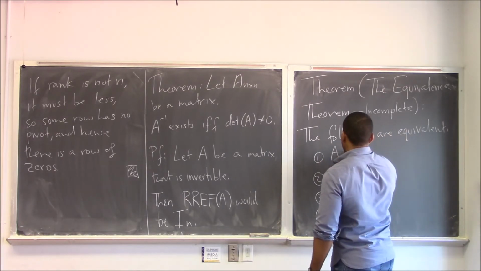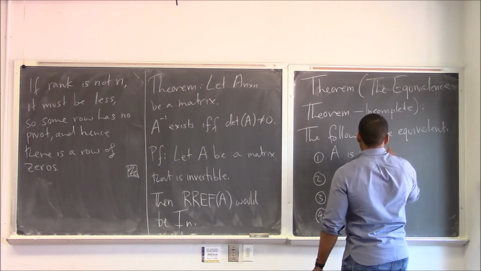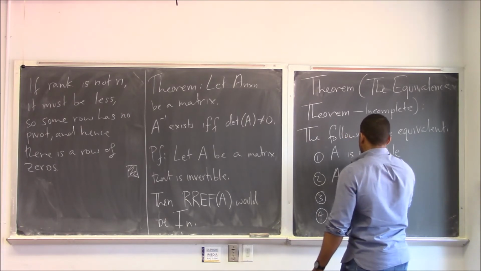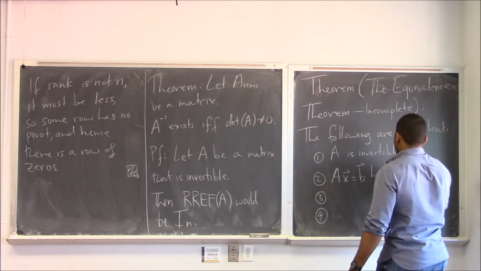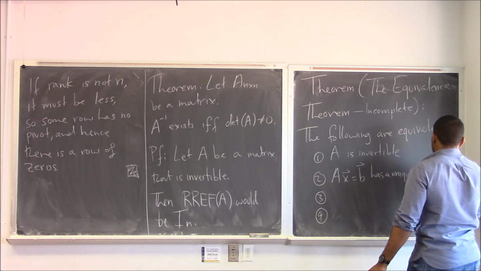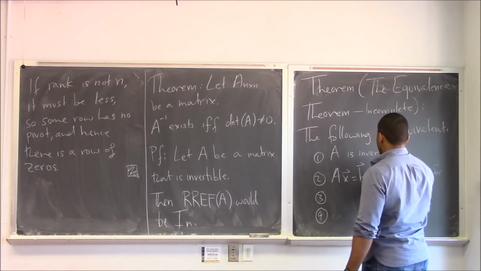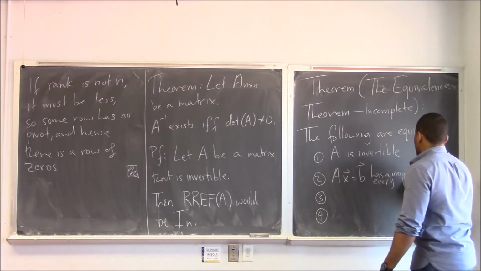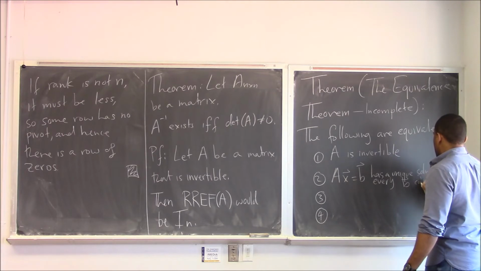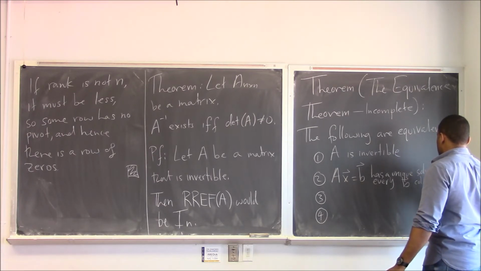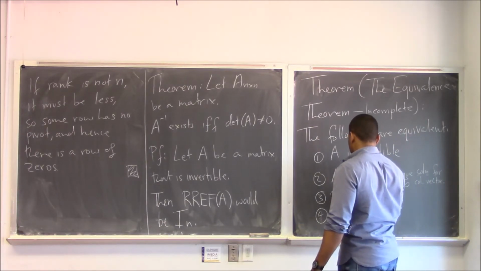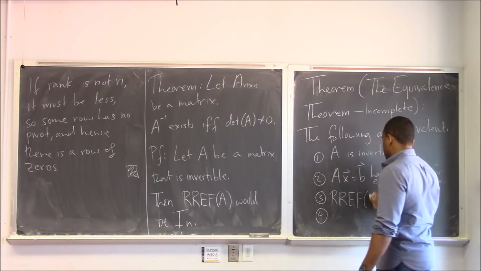So 1, A is invertible. 2, AX equals B has a unique solution for every B, column vector of the right size, of course. 3, the reduced row echelon form of A is the identity, right?